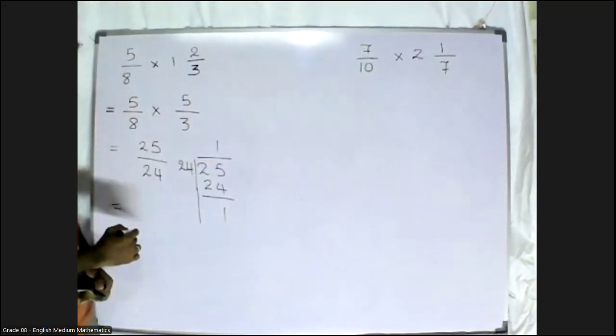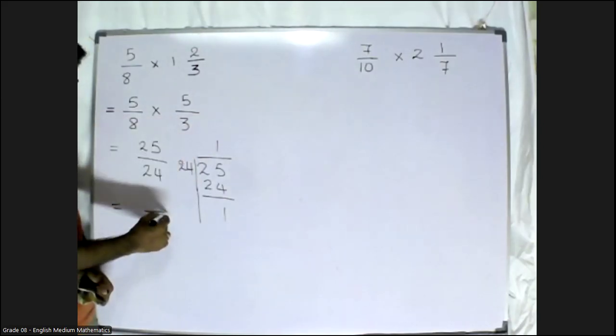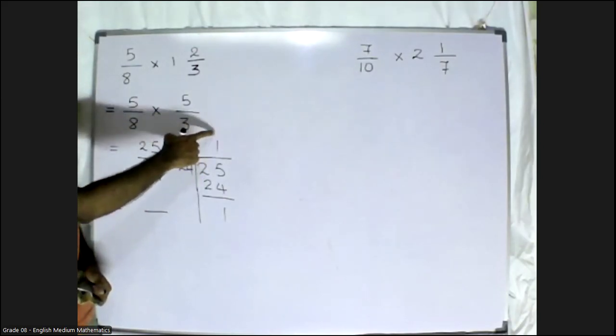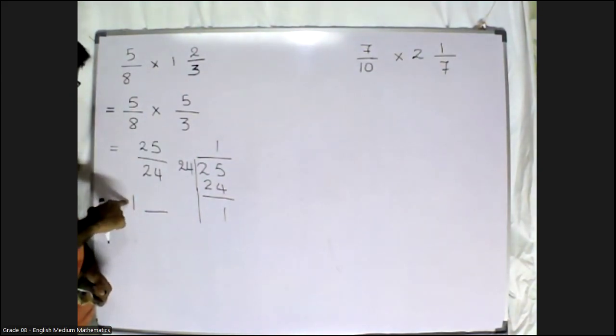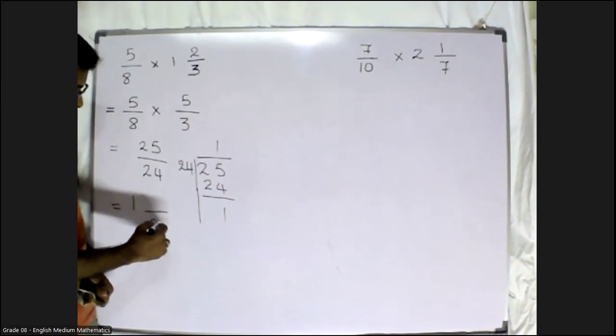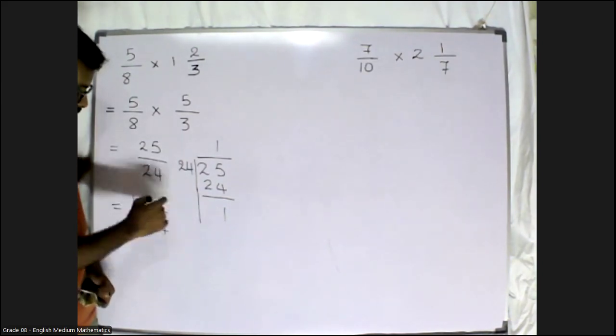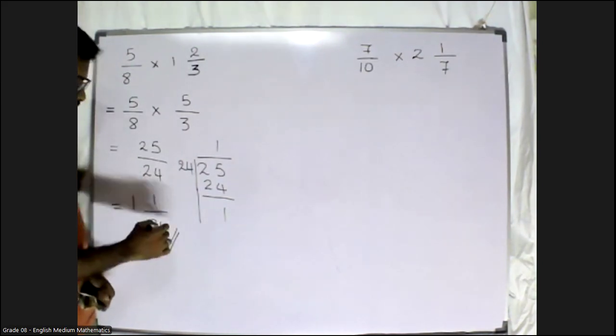So the final answer: the quotient is the whole number part 1. Denominator is 24. Numerator is 1, the remainder.